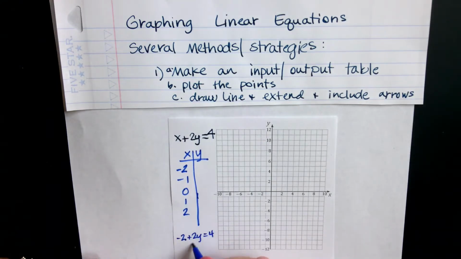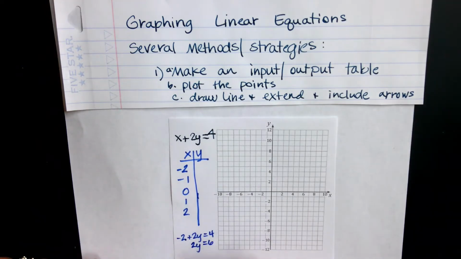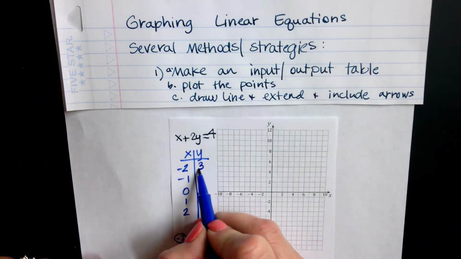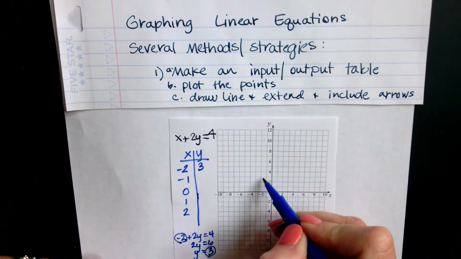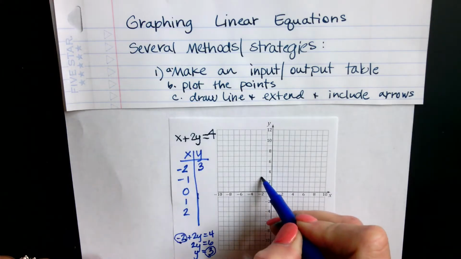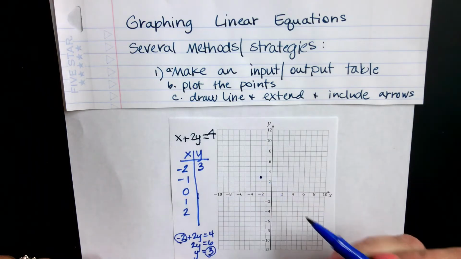If I solve this for y, that means 2 times y is going to equal 6, so y would be 3. So when x is -2, the y has to be 3. So that means the point -2 on the x, 3 on the y, is on this line.